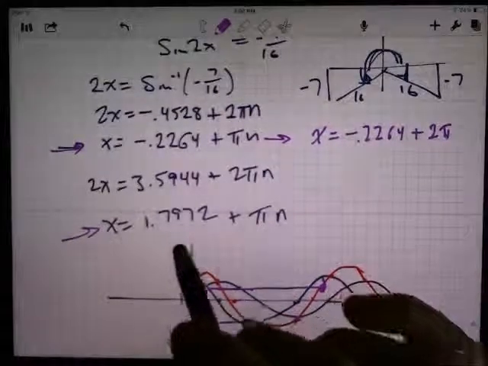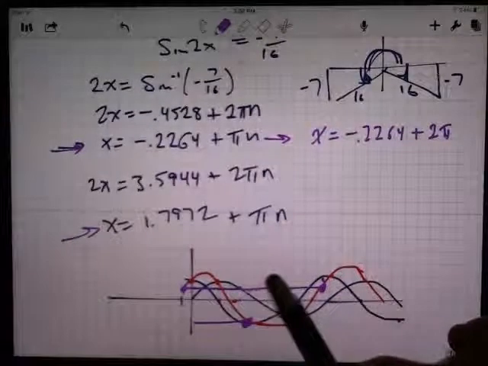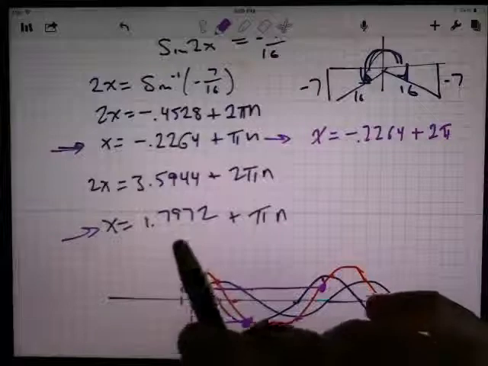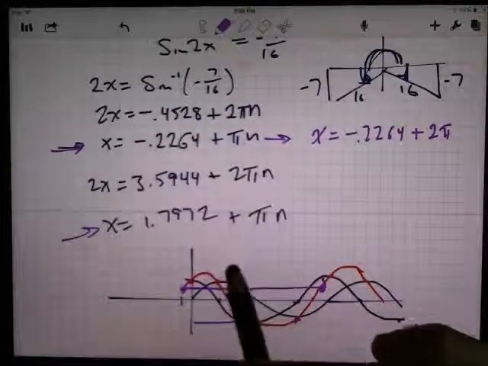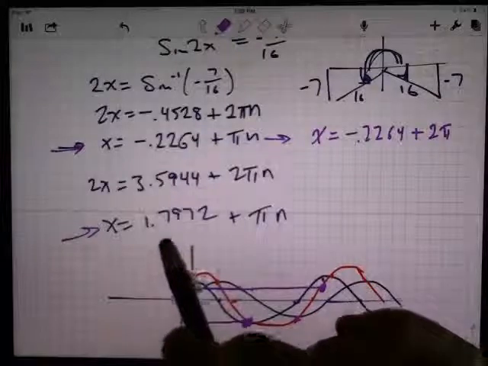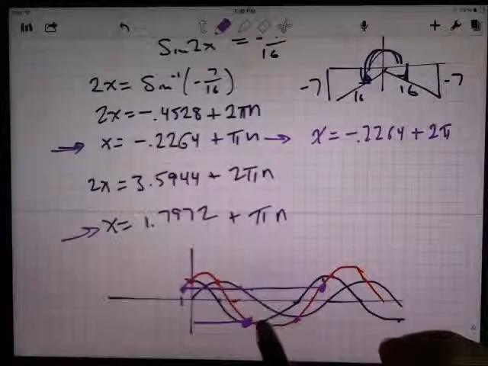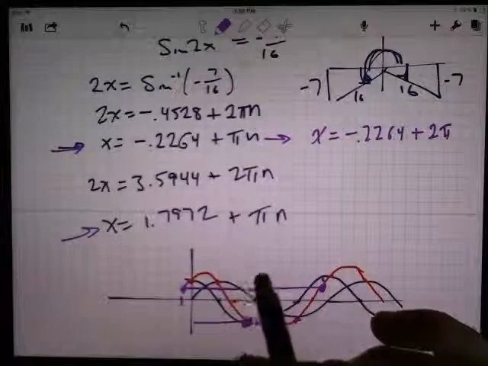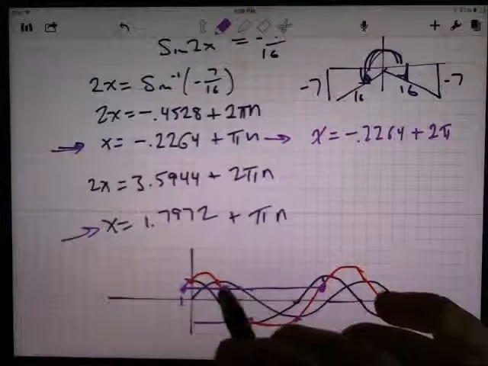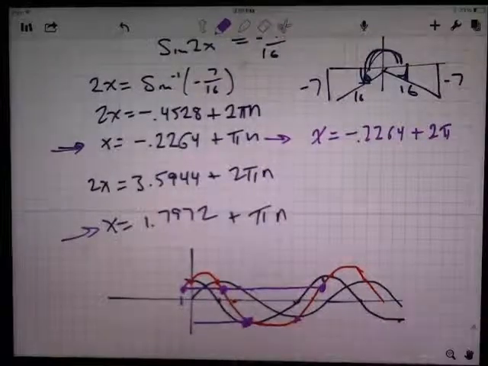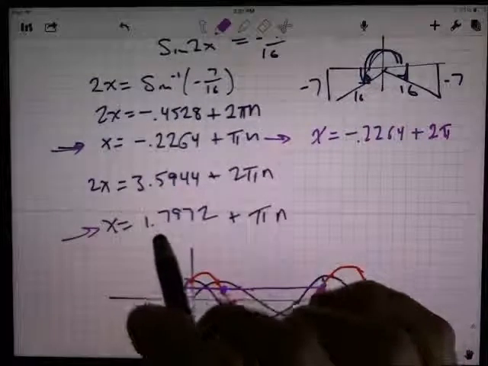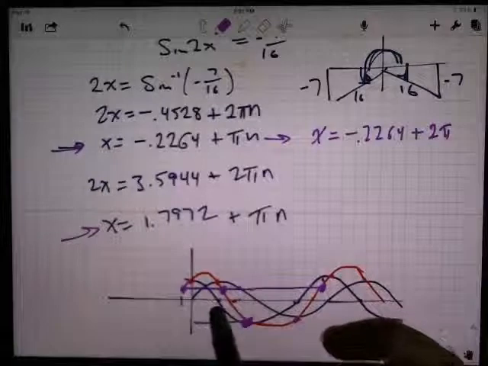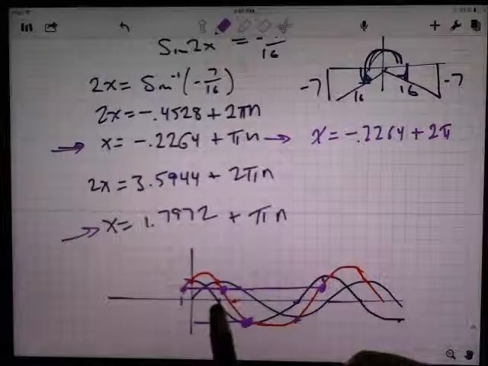Likewise down here, if I look at the 1.79, 1.79 is this one, right? I'm just thinking because pi over 2 is here. That's like 1.5 something. So 1.7 is just a little bigger.